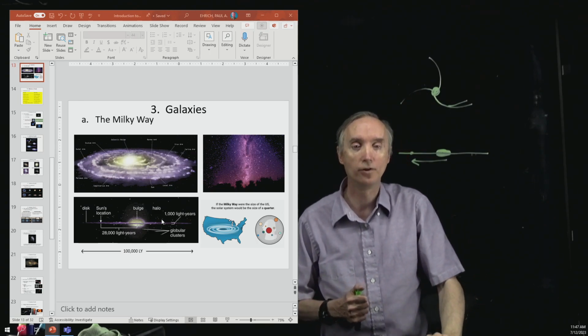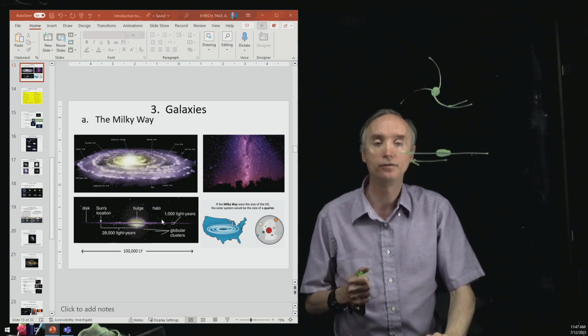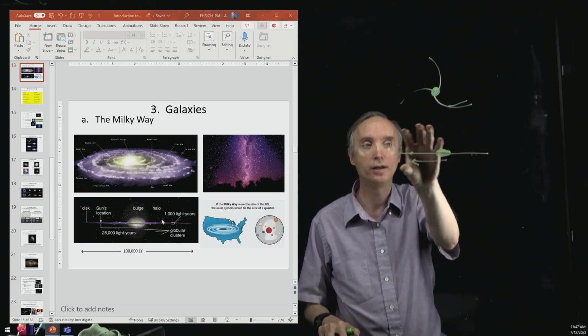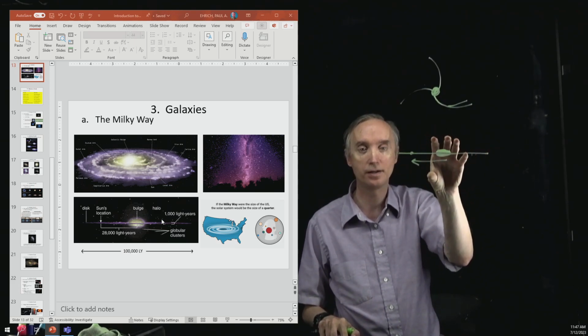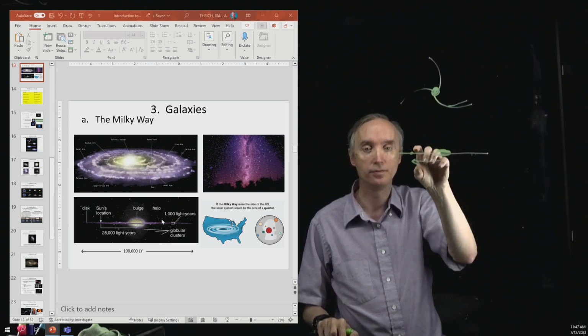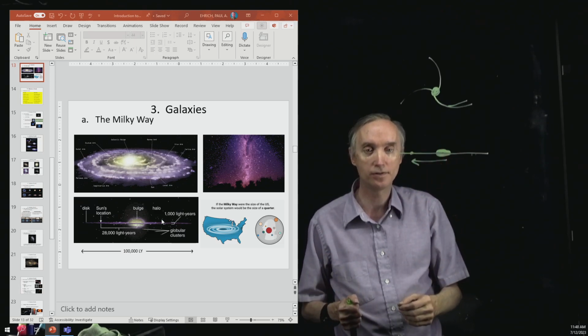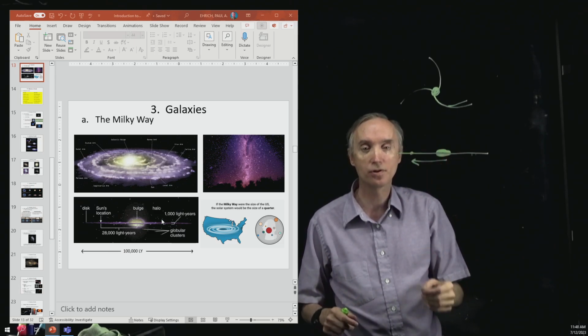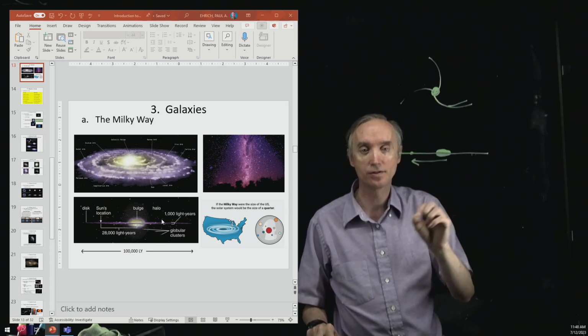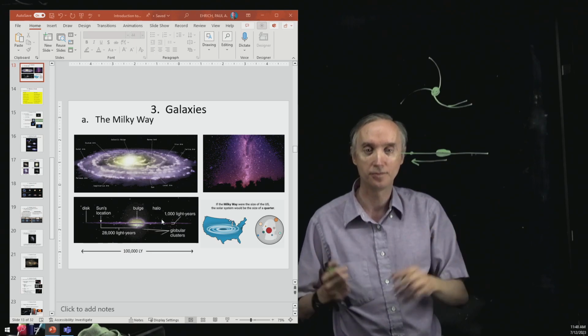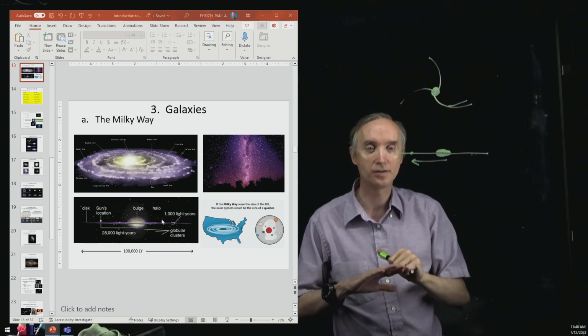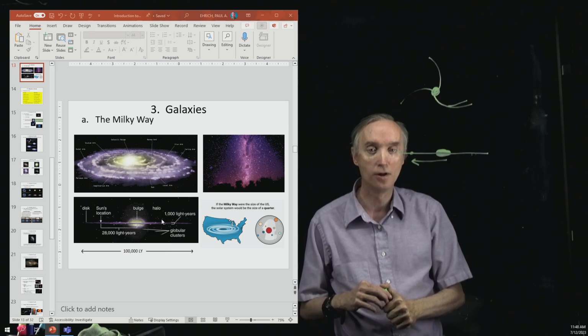Another way of looking at it is that if the Milky Way galaxy was the size of the entire United States, then our solar system would be the size of a quarter in comparison. So our solar system makes up a very, very small part.